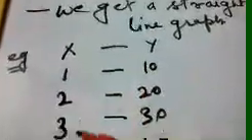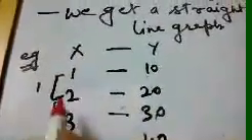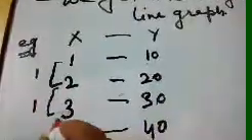So children, what do we note over here? We note, if we look at the x side, the change from 1, 2 to 3 is 1, from 3 to 4 the change is 1.